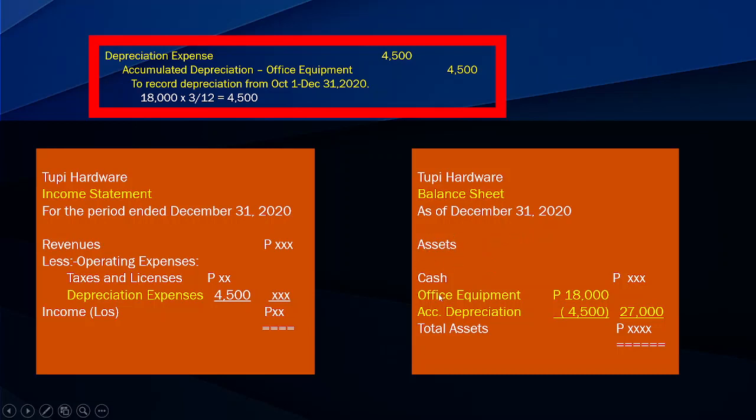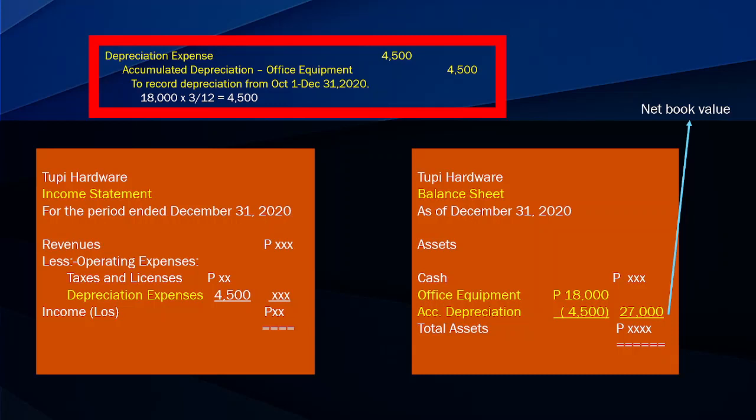First line here is the assets, assuming we have the cash here, and this is our problem. We have office equipment costing 18,000, and this is where our accumulated depreciation is. It is deducted against the office equipment, and the figure that we get is what we call the net book value. All right, so we have learned a lot of terminologies as I discussed the concept, everything that I am presenting to you.